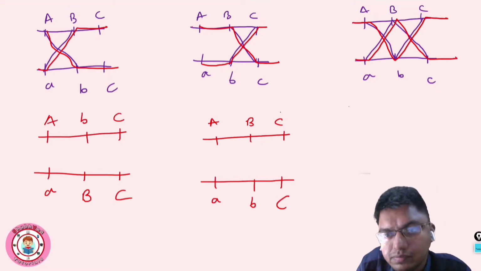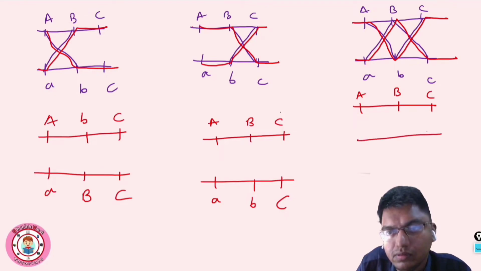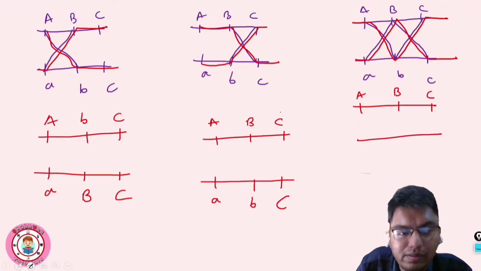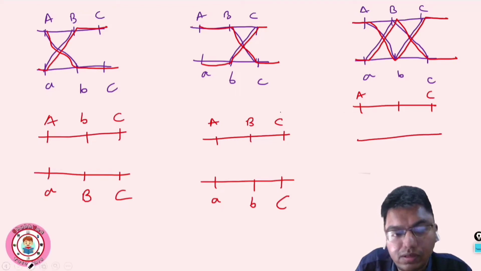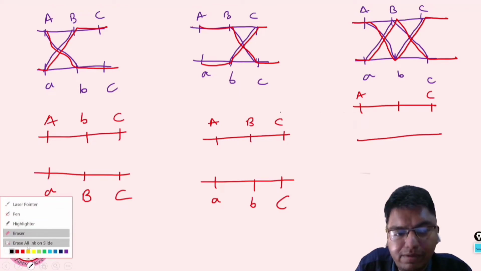So it becomes small b will come. Only the middle one changes in the double crossover.